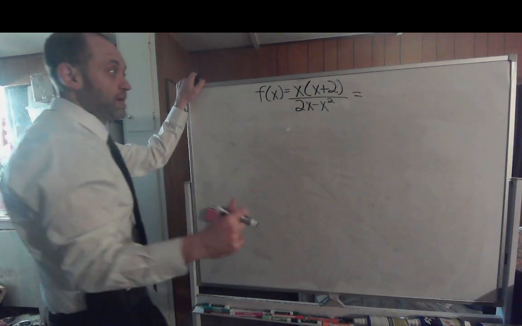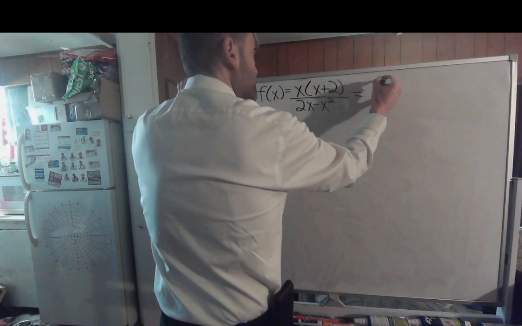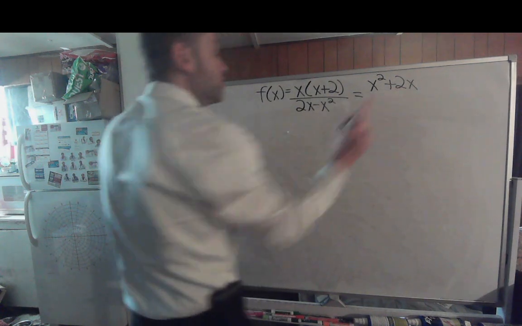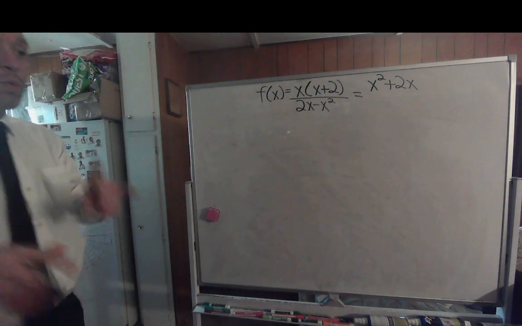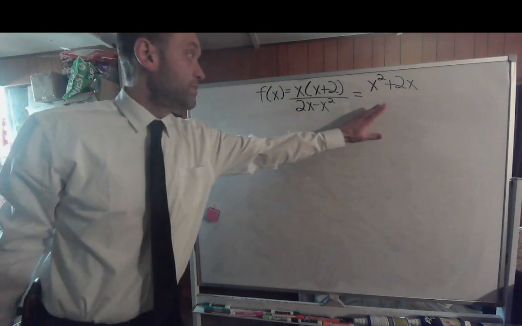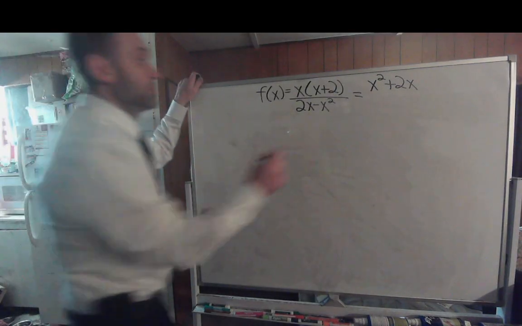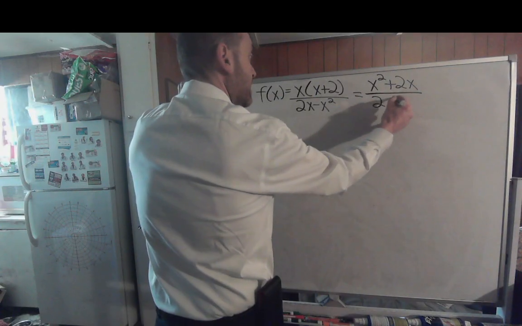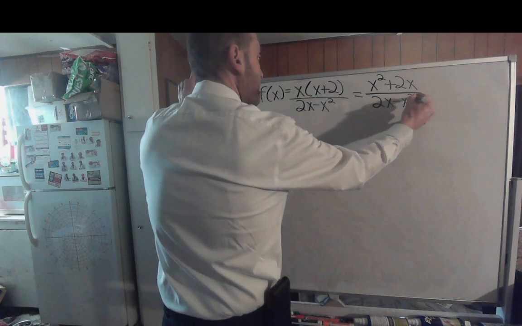There's a reason for that. Your numerator would be the same as x squared plus 2x. This is going to help us when we go to figure out our asymptotes. So x squared plus 2x all over 2x minus x squared.